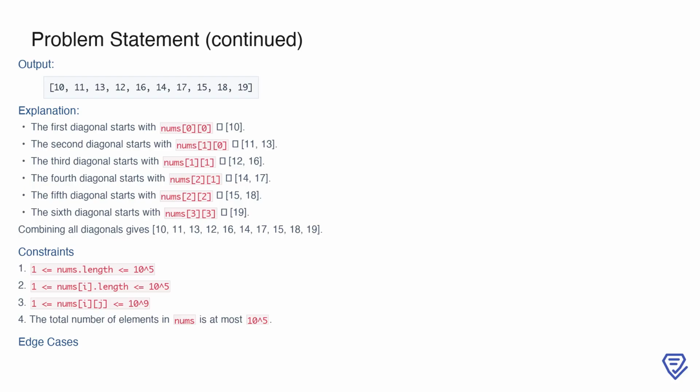The third diagonal starts with nums[1][1], and contains 12 and 16. The fourth diagonal includes 14 and 17, followed by the fifth diagonal, which consists of 15 and 18. Finally, the sixth diagonal starts with nums[3][3], which is 19. By combining all these diagonals, we arrive at the final result. This example demonstrates how the traversal handles deeper and more irregular 2D arrays while maintaining the diagonal order.